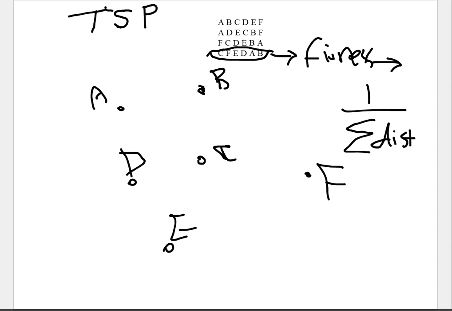You know? For example, you want to solve and you want to calculate the fitness of this, for example, these values.